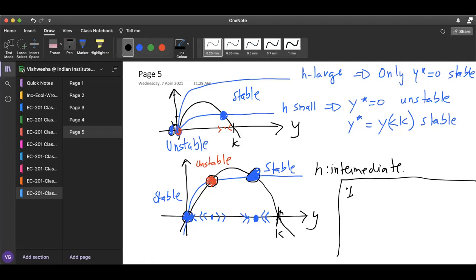Before we do more mathematics of this, what are the implications if this is true? Any thoughts?